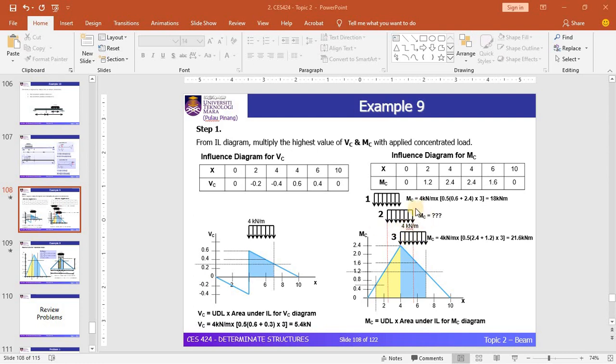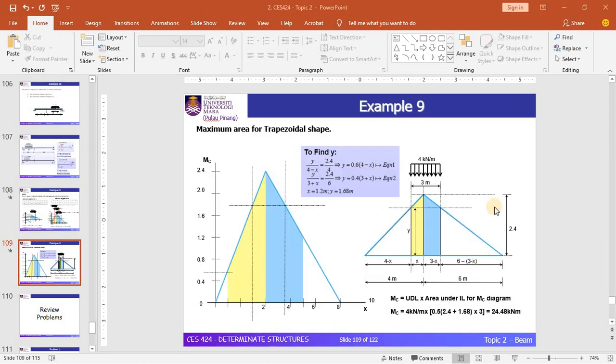To discuss in detail this particular second possibility, let's move on to the next slide. Okay, so this is the diagram that I'm going to use to explain how we can determine the maximum area for the trapezoidal shape.